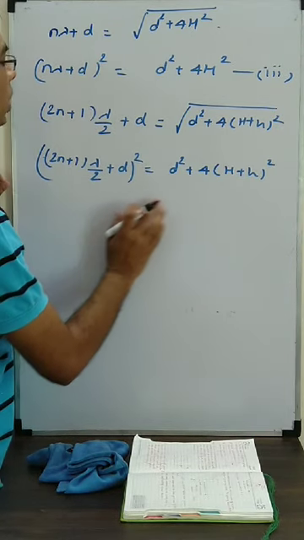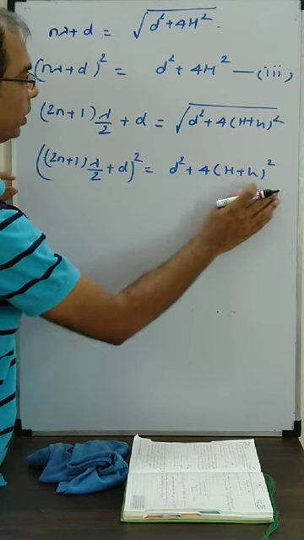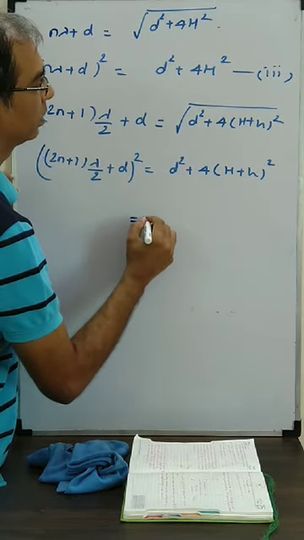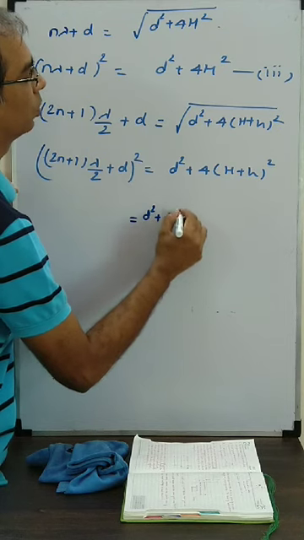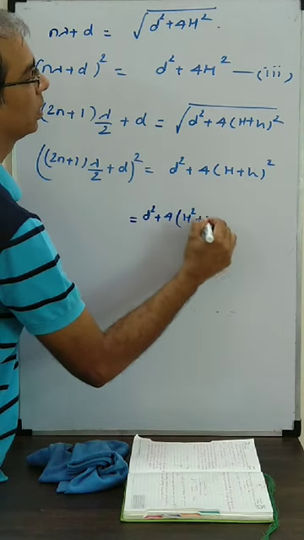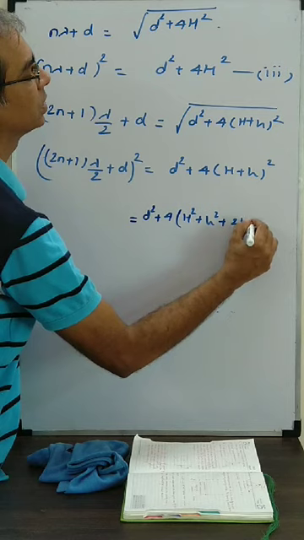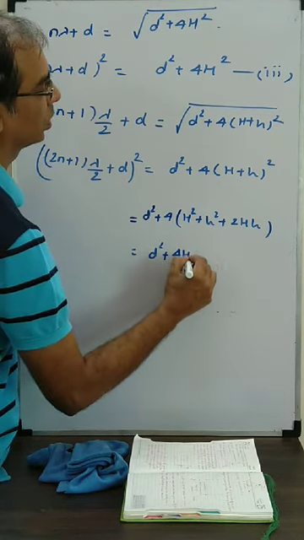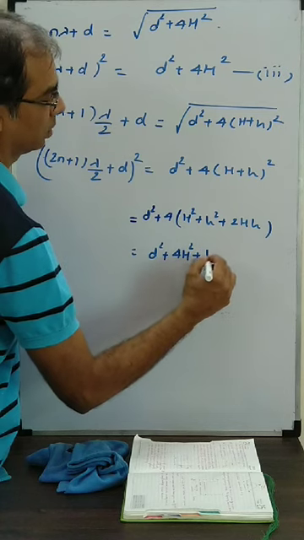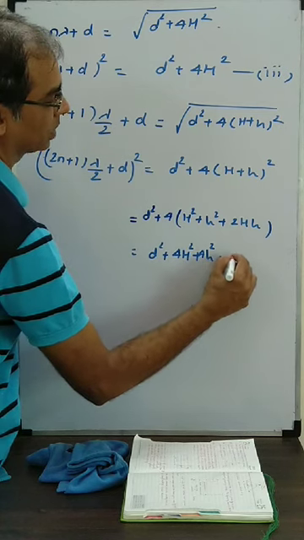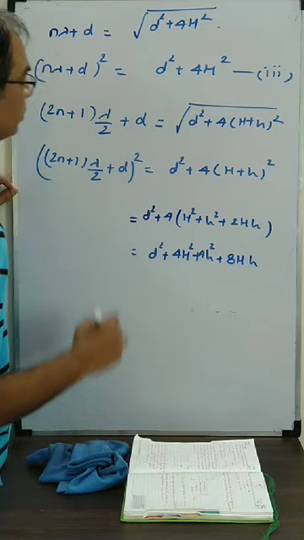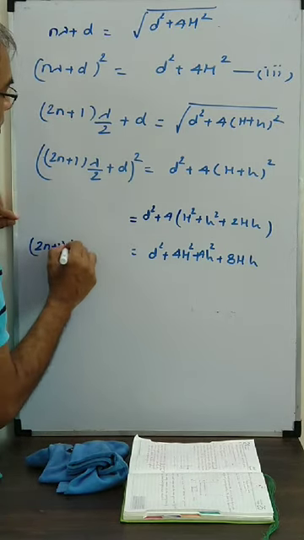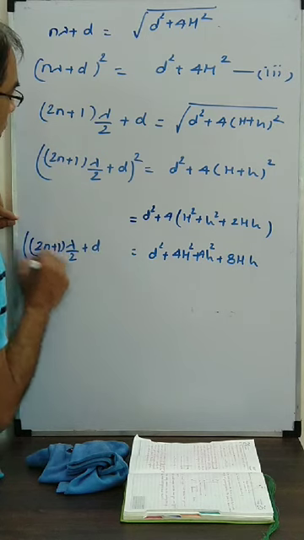So now we will open here, and this value we are going to put over here. So this value we can write d square plus 4, open it, h square plus 2h into h. That means d square plus 4h square plus 4h square plus 8h into h equal to this thing, ((2n plus 1) lambda by 2 plus d) whole square.